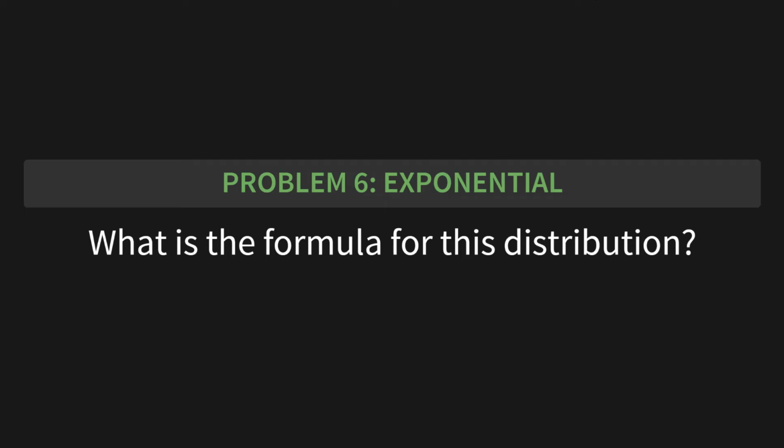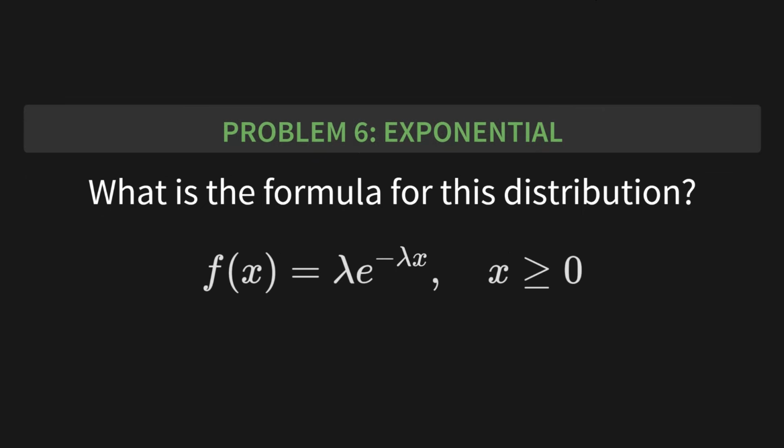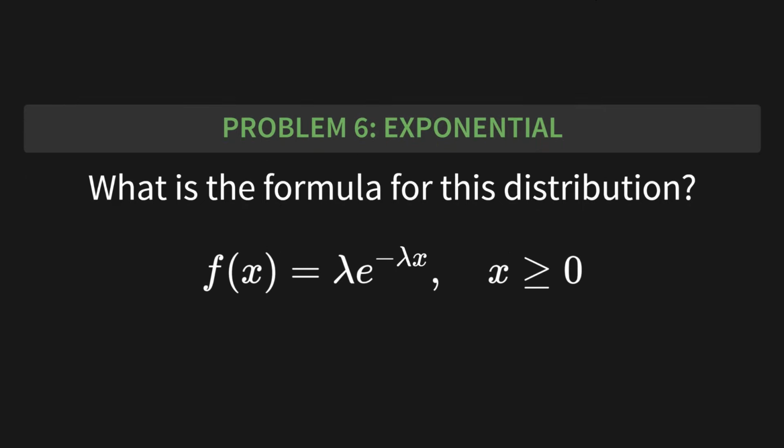What's the formula for the exponential distribution? F of x equals lambda e to the negative lambda x for x greater than or equal to 0.